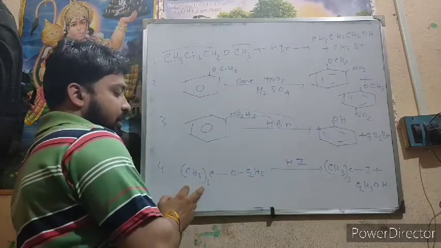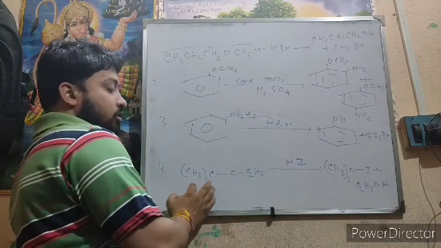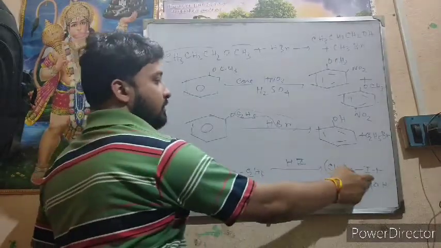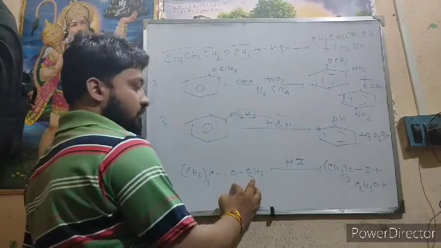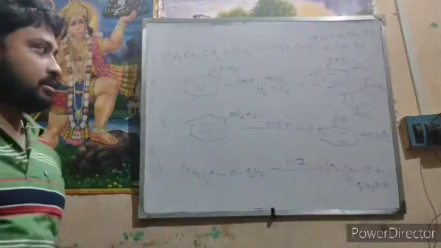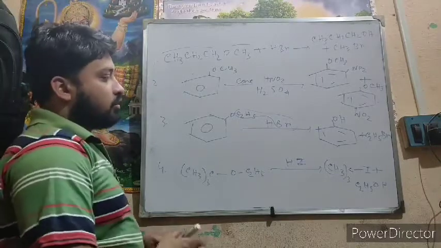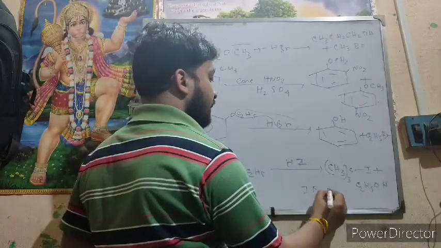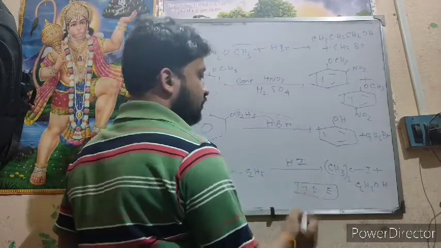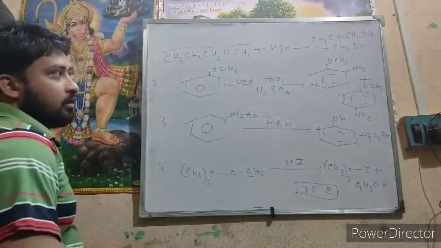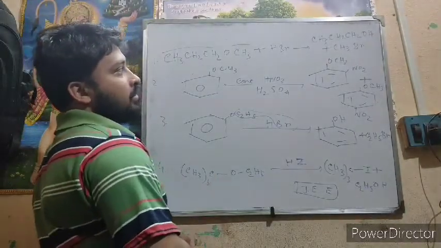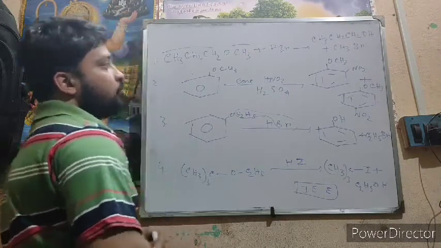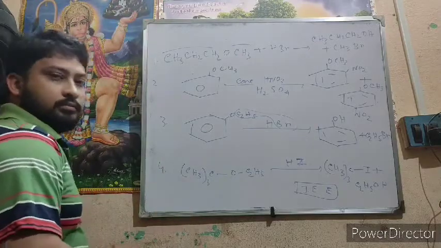This group is a 3 degree carbon, so as it is 3 degree, it forms iodide, and the other part forms alcohol. This is ethanol. Okay, so those are the simple and important reactions, not only for HS but also for JEE and NEET. Very important. It's not so hard, but there is a logic. You may get confused about it. Okay.